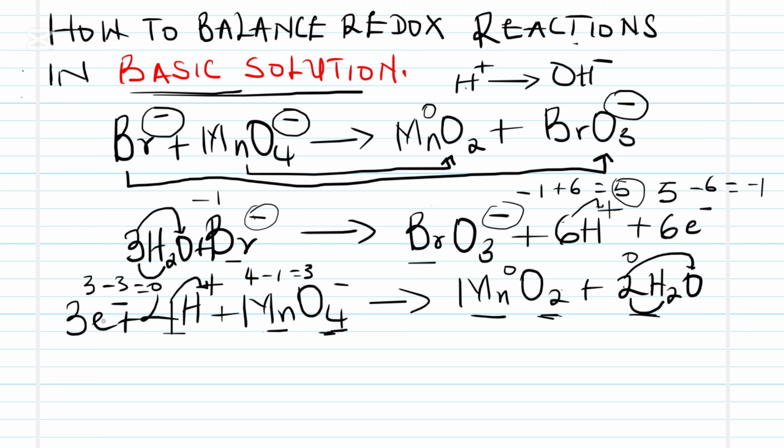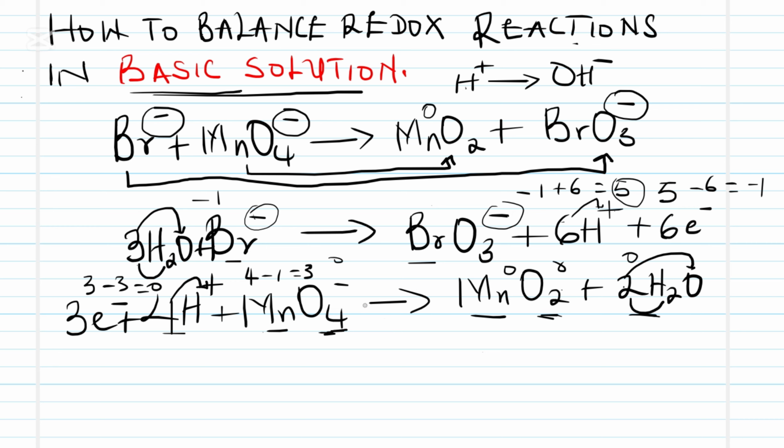So adding 3e minus, or 3 electrons, on the left gives you a net charge of 0 on the left, and this one here is also a net charge of 0 on the right. So this now is 0 and 0, and that means that the charges are now balanced. Now, what do we do next at this very point? We can now go ahead and add them together.